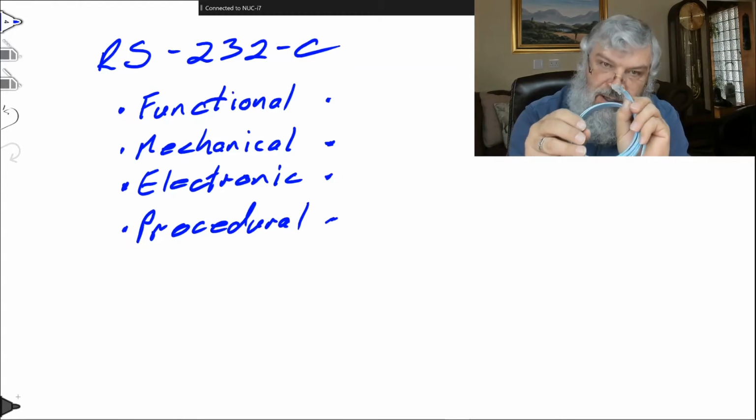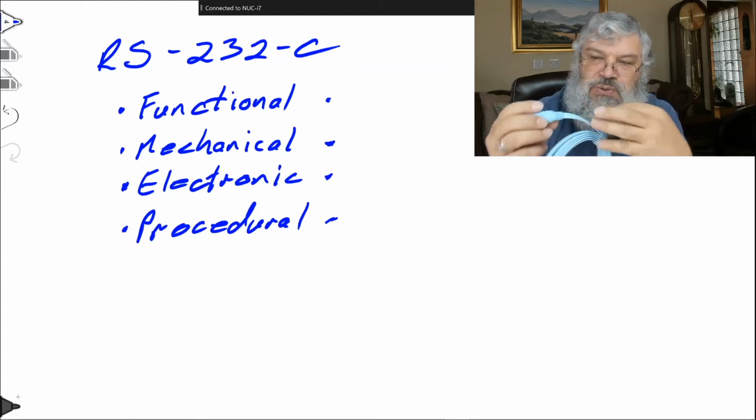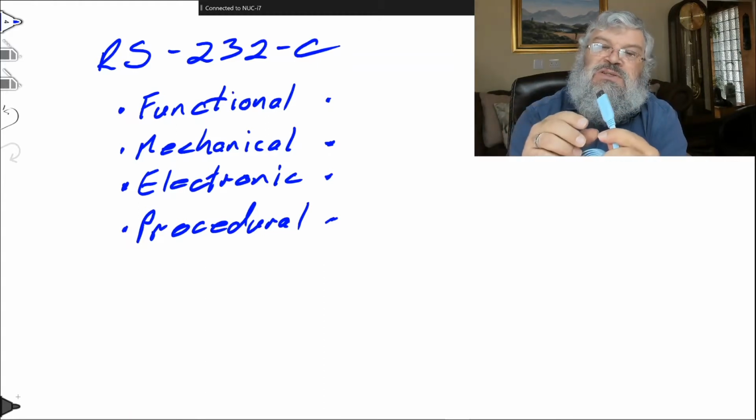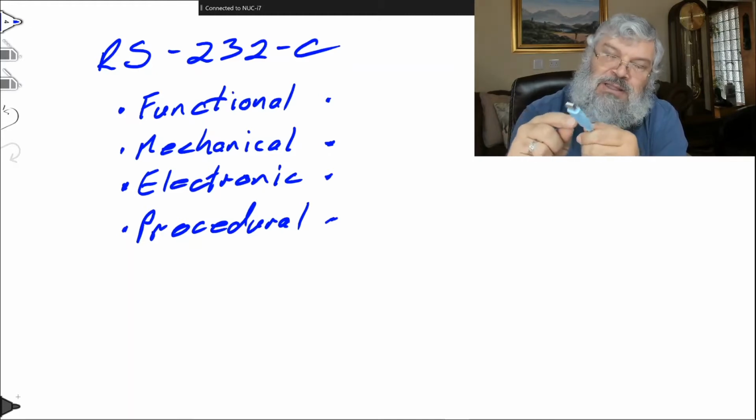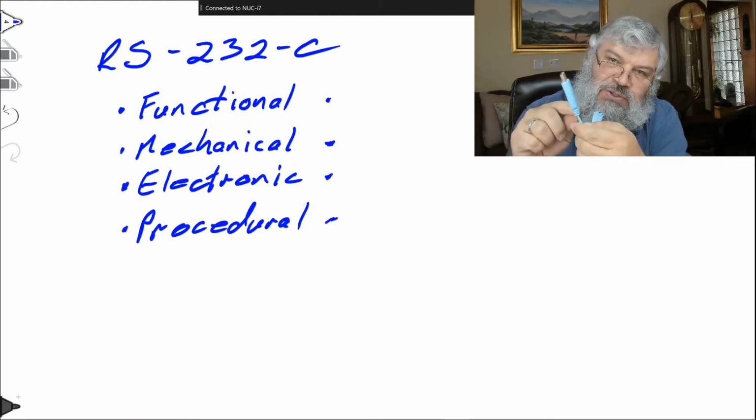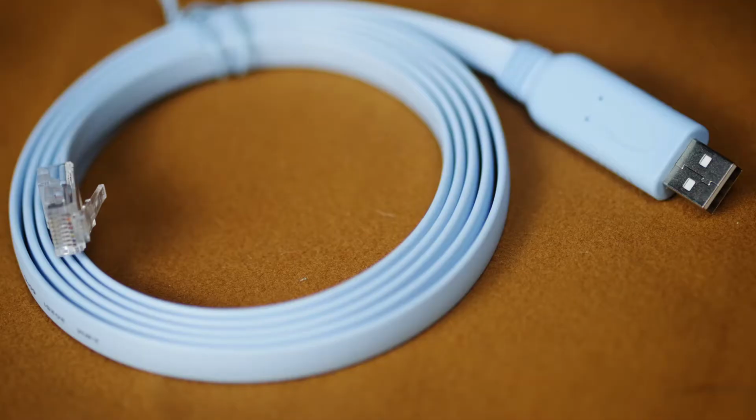This particular plug goes to a USB, this is a USB 2 plug, and it converts the RS232 signals to USB 2 signals.